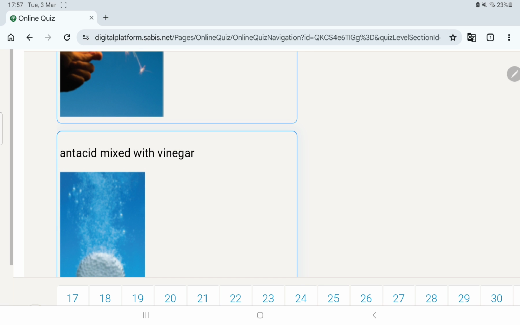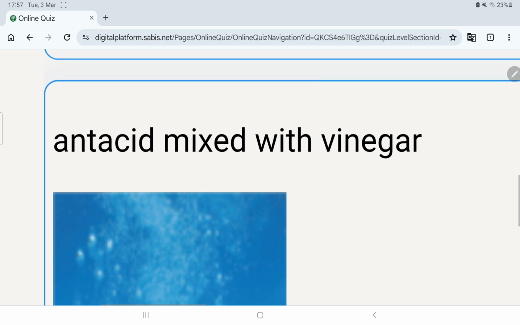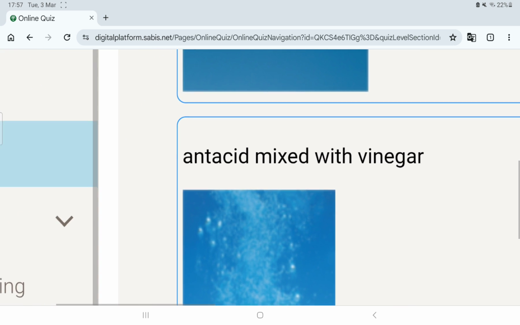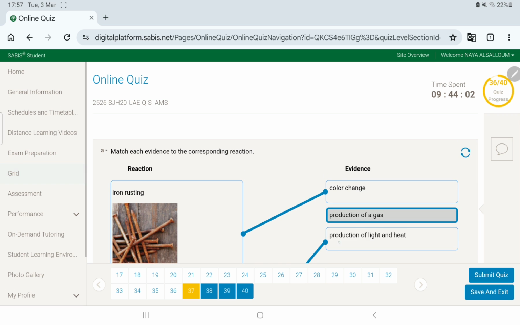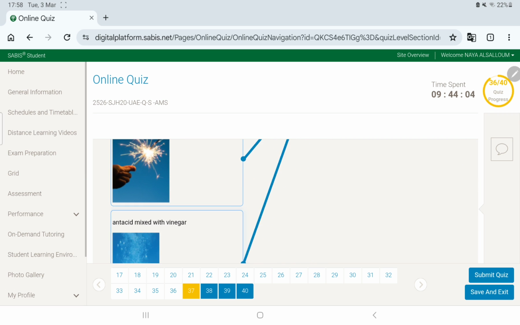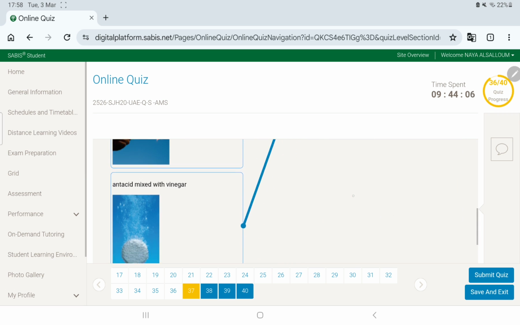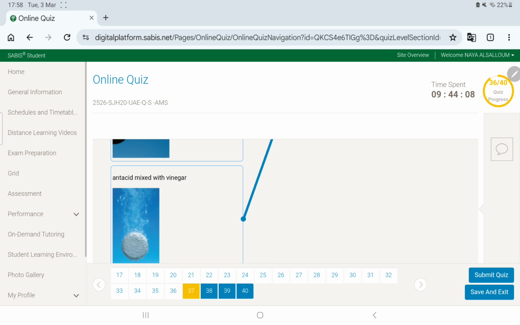Let me see. Antacid mixed with vinegar. It's a production of a gas. Okay? Let me explain this one to you if it doesn't make sense. When you have production of gas, you know what happens?